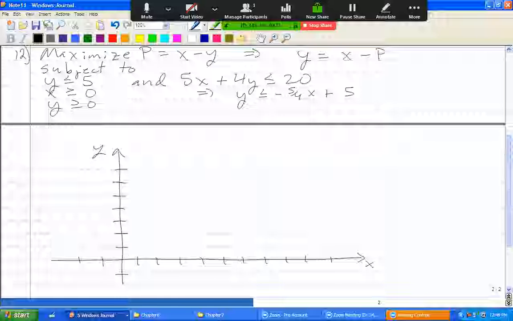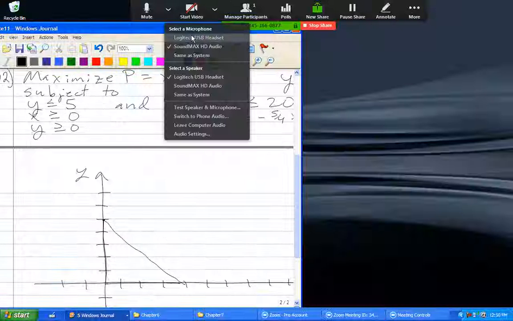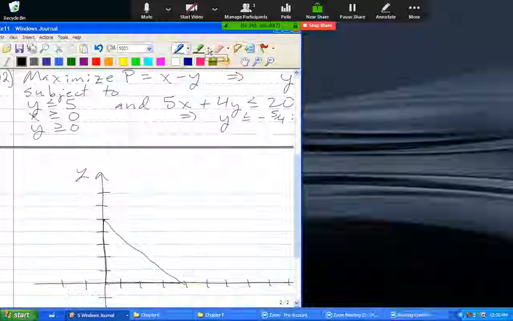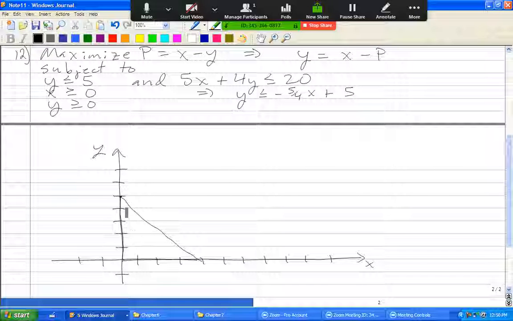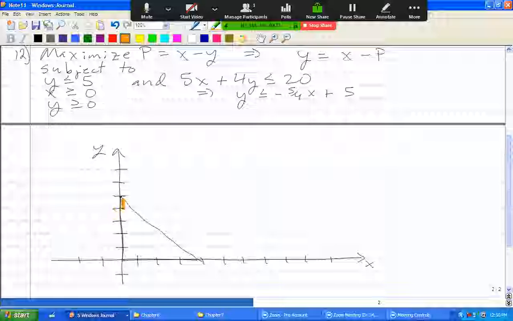So let's see. At 0, it's 5. 1, 2, 3, 4, 5. And it's 4. 1, 2, 3, 4. So my constraints look like this.